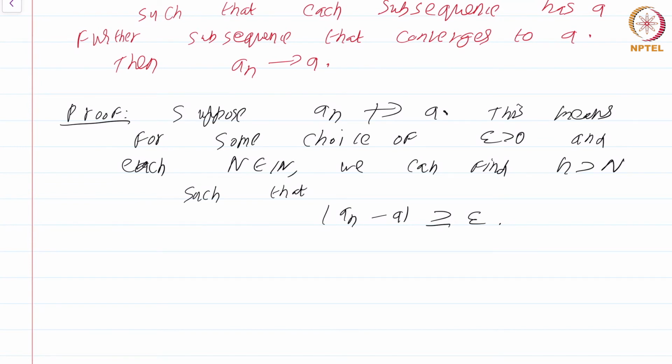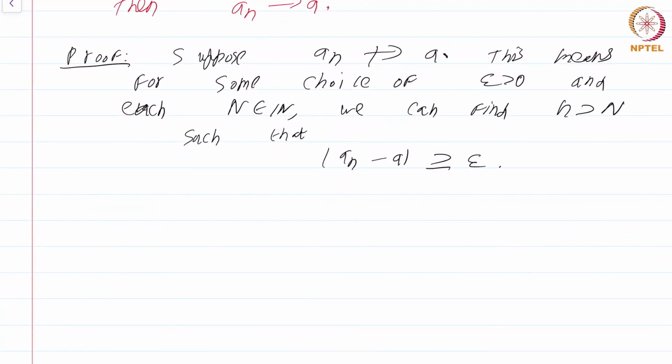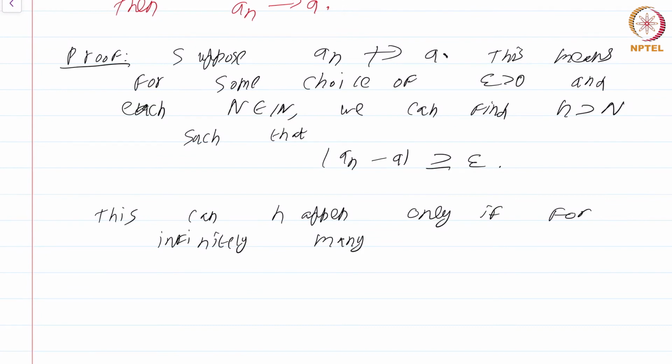Now, I want you to prove that this can happen only if for infinitely many choices of small n in the naturals, we have mod a_n minus A greater than or equal to epsilon.